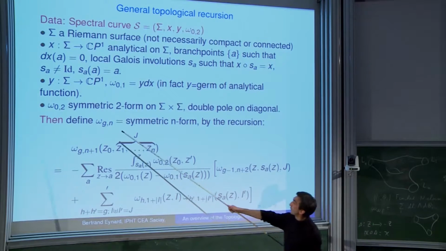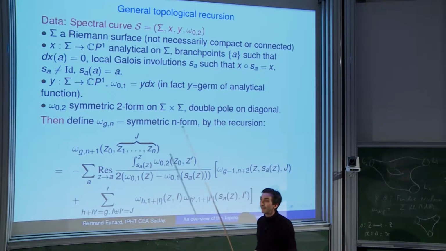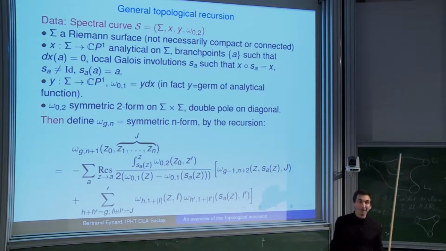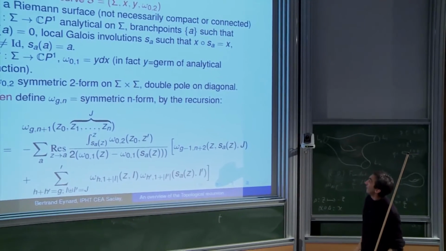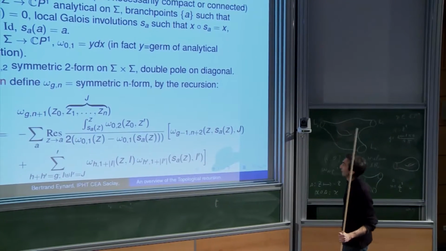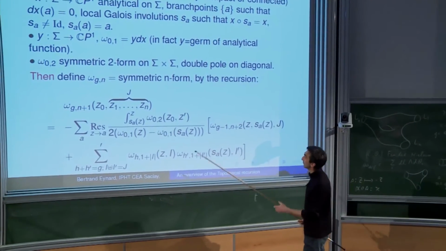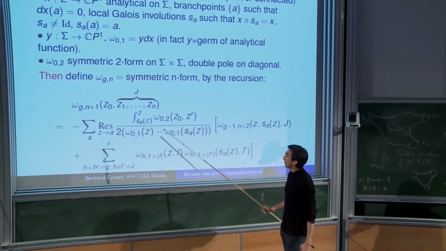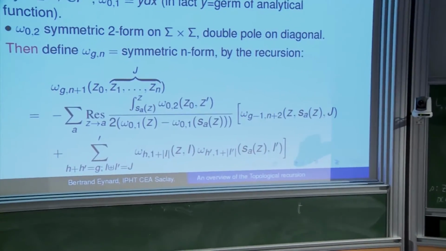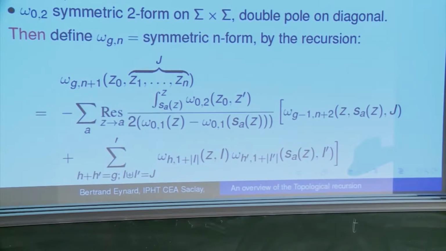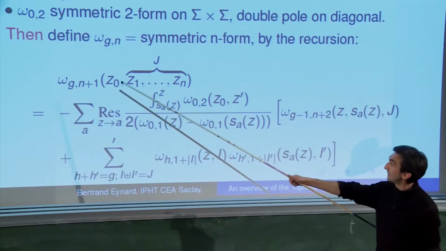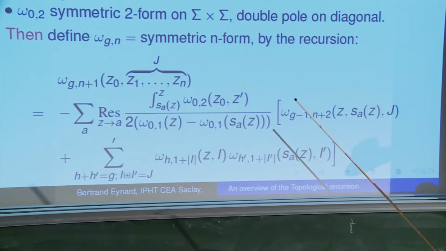And the omega 0,2 is more or less the equivalent of the bold t, or this choice of Lagrangian manifold. It's encoded by a quadratic form, so you have to make a choice. Once you have that, you can compute this recursion. So take it as a definition: you define omega g,n by this definition.